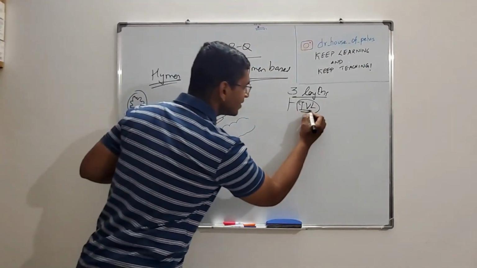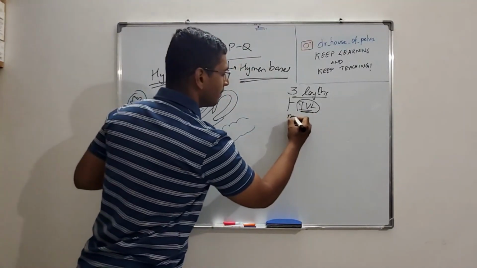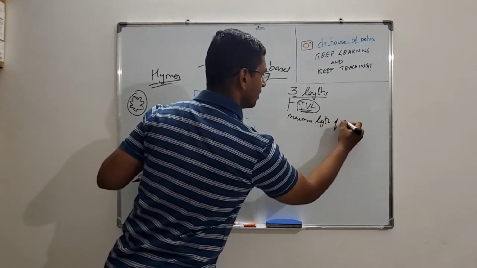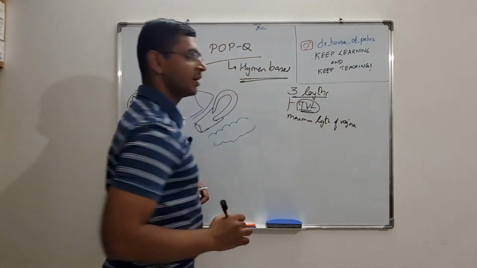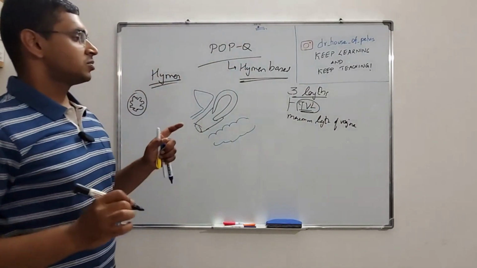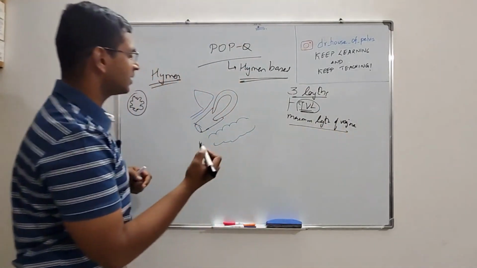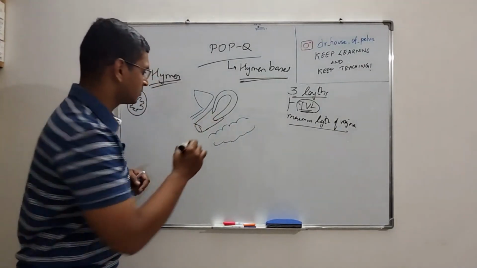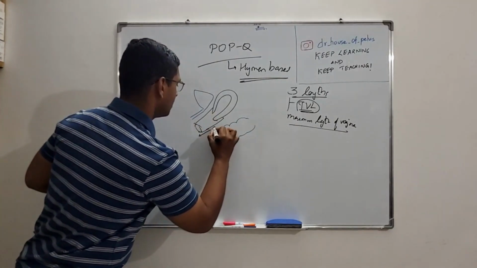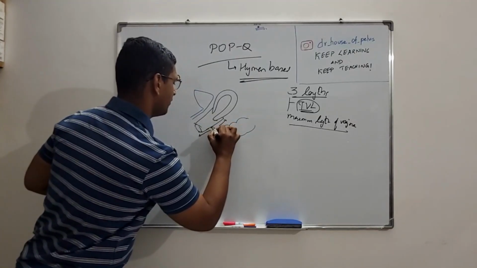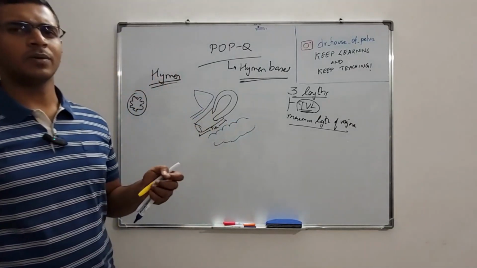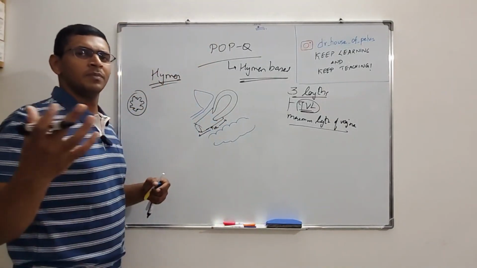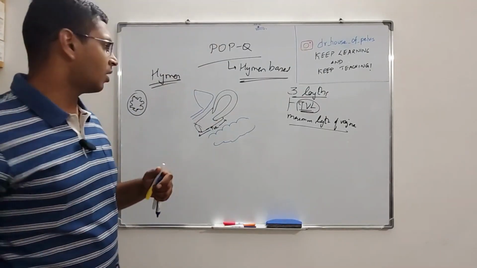Total vaginal length is the maximum length of the vagina measured from the hymenal ring to the tip of the posterior fornix. Usually it's around 8 to 10 centimeters. Again, it varies depending upon the age, the marital status, and a lot of other factors.